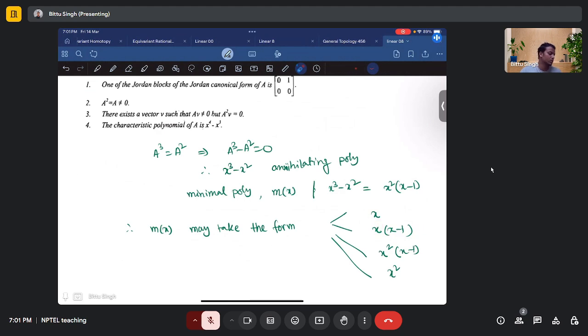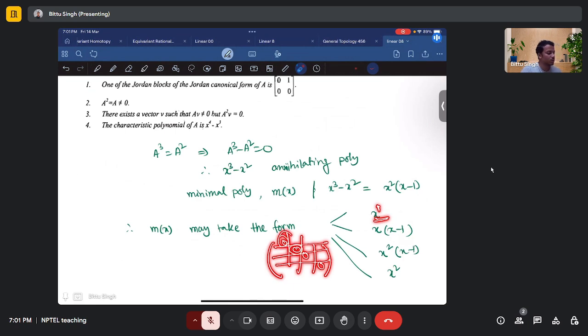Okay, but it is clear that the degree of those individual factors, those are actually 1, right? So if suppose this is the minimal polynomial, then from here it is clear that the Jordan form must take this form, right? 0, 0, 0, 0. 0 is the only eigenvalue, and since the degree of the minimal polynomial is 1, the highest size of Jordan blocks is 1.